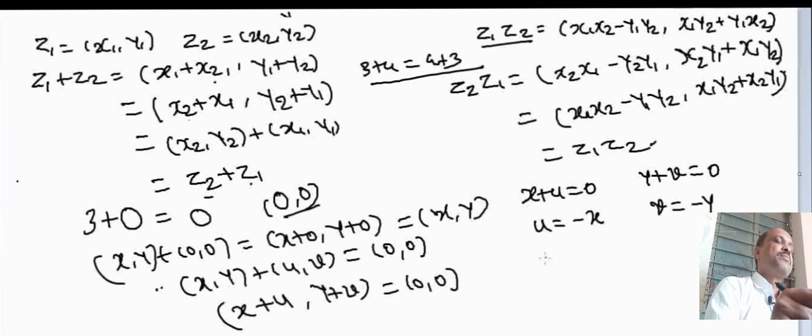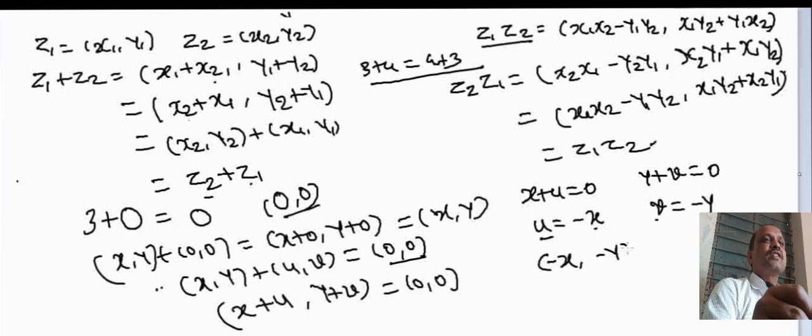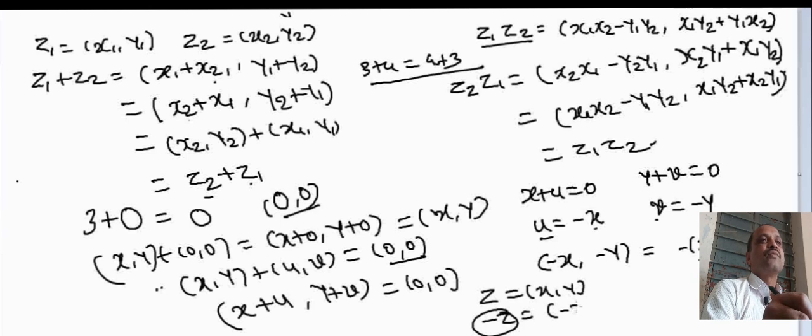So whenever I add (u, v) to (x, y) and get (0, 0), the value of u is minus x and v is minus y. That means (minus x, minus y) is the additive inverse of the complex number (x, y). That is, if my number is z equals (x, y), then minus z, which is (minus x, minus y), is its additive inverse. So I have an additive identity and an additive inverse for complex numbers.